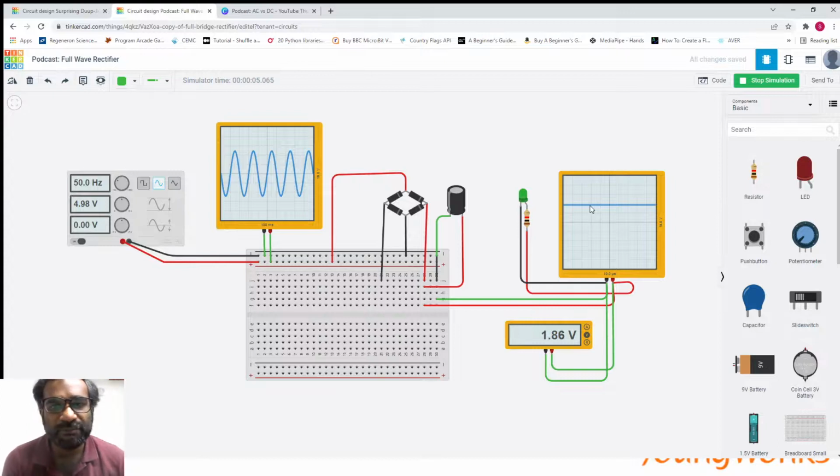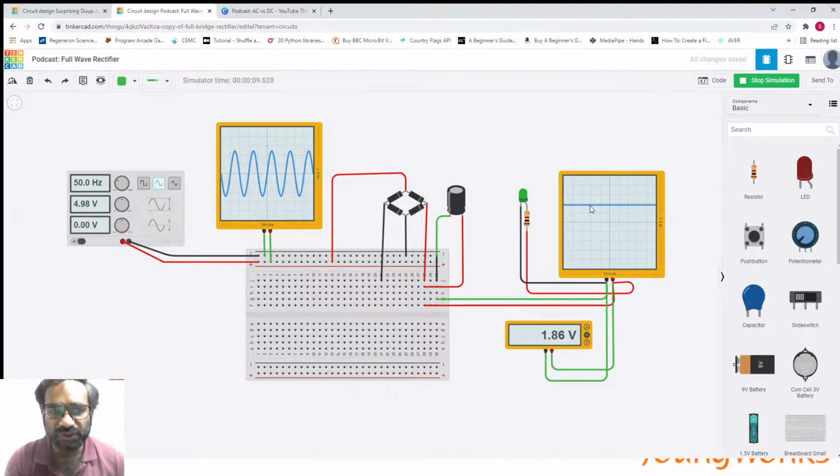Right? So just to recap the concepts that we've learned, AC is alternating current. Here the current keeps switching direction back and forth. Then we have DC, which is direct current. Here the current just flows from the high potential to the lower potential.